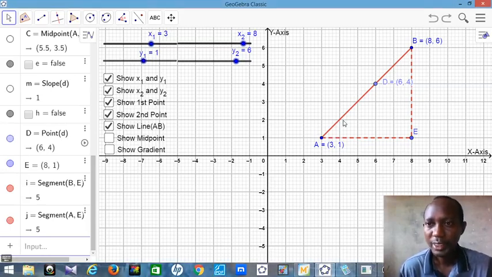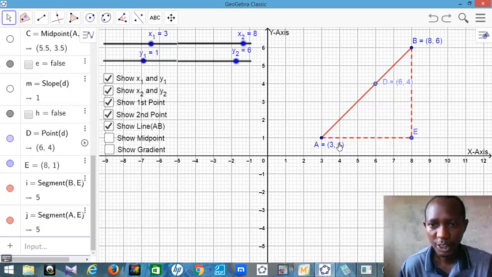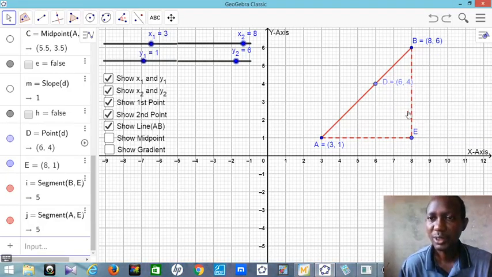So how do we get the gradient? We just need to get the distance. So how is Y changing? Y changes from Y1, which is 1, to the next point, Y2, which is 6. If I take D as another point, you can see that Y changes from Y1, which is 1, to another point, which is 4.